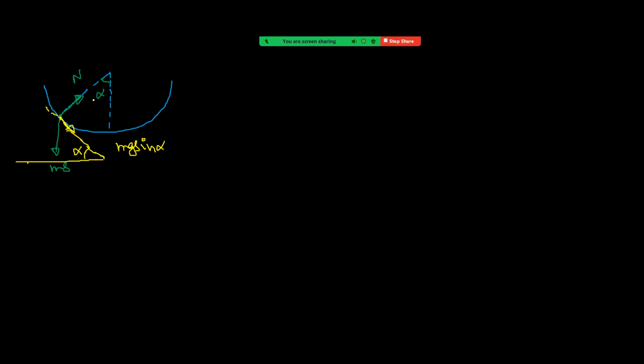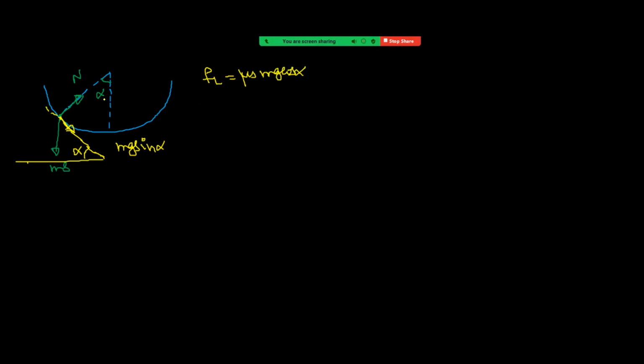When alpha is maximum, see carefully: as the insect goes up, alpha increases, so mg sin alpha increases, while limiting friction, mu s into mg cos alpha, is decreasing.